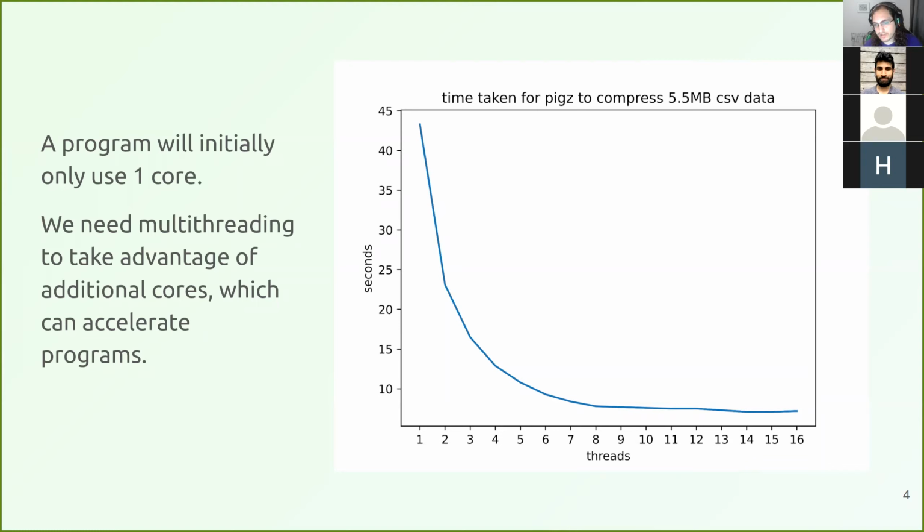Around 8 threads, it's already down to 10 seconds, and there's very minor improvement after that. But that's still an incredible difference, right? By enabling multi-threading and using more threads, that's about a 4 times speed up. So it's very important with modern hardware that we use multi-threading and take advantage of the additional cores.